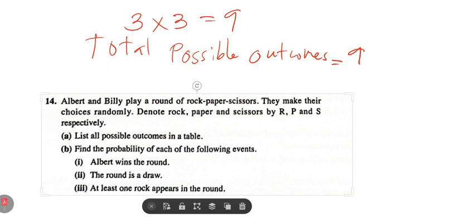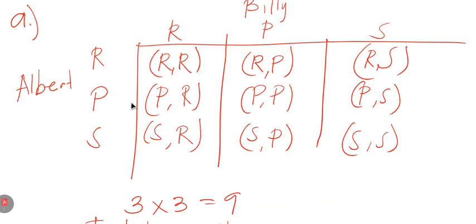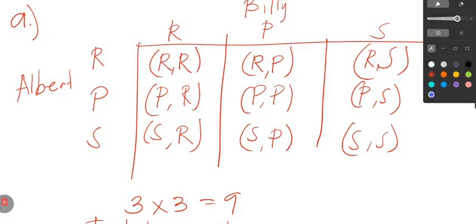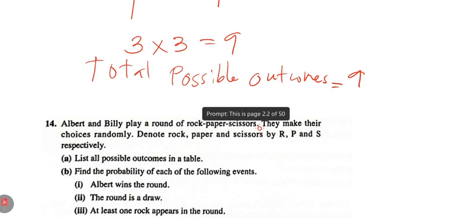The combinations where Albert wins are rock and scissors, so Albert wins with rock. Also paper and rock, and the last one, scissors and paper. So that's 3 of them.